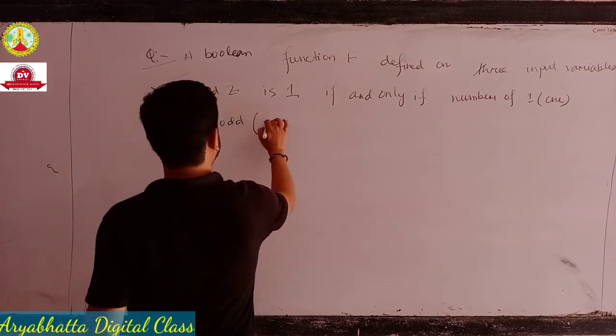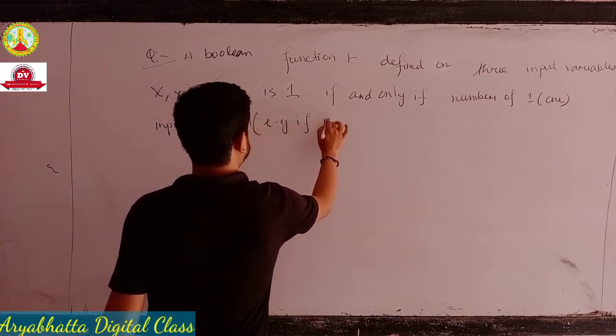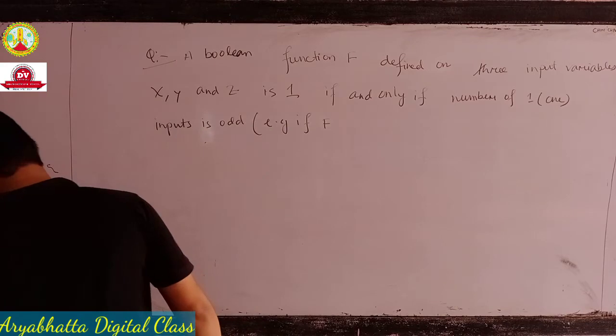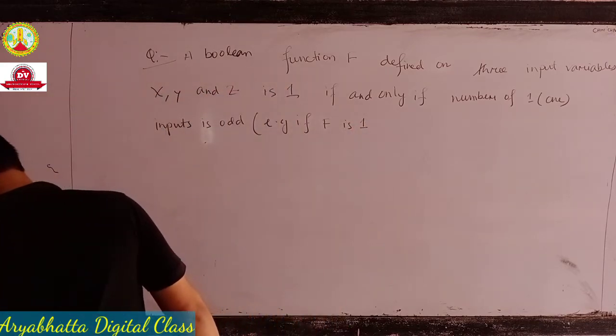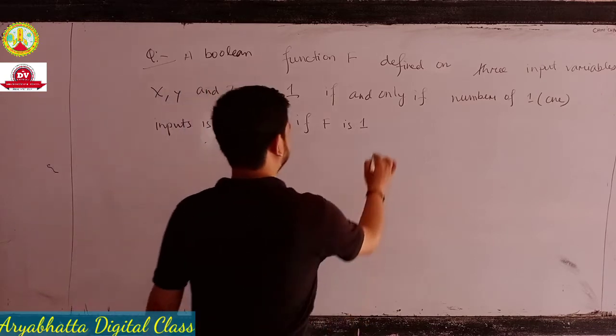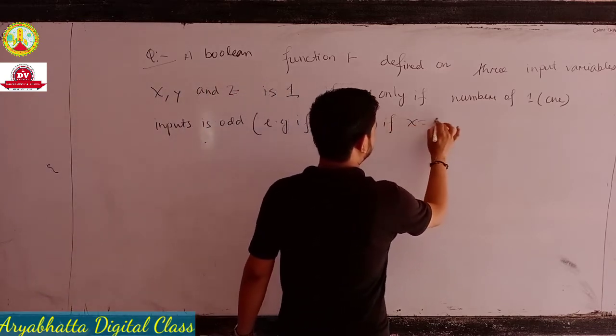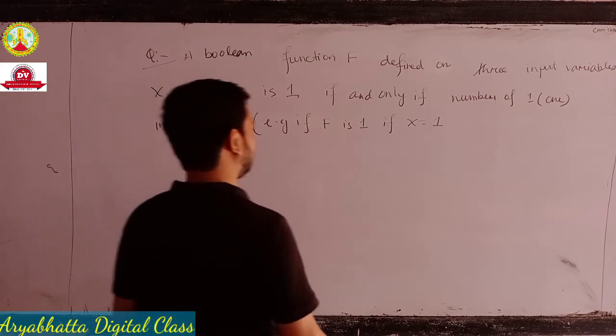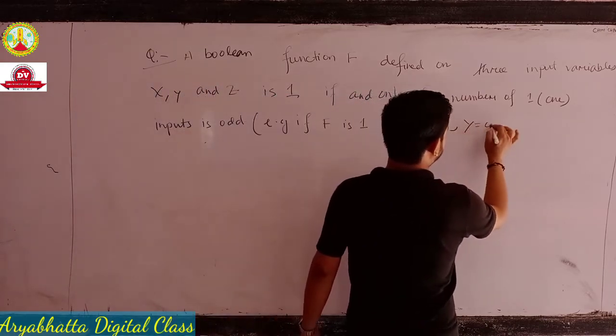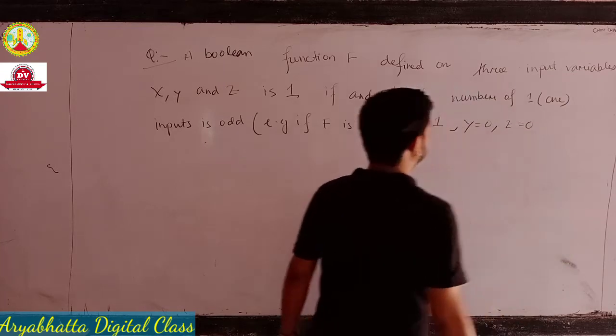For example, f is 1 if x is 1, y is equal to 0, z is equal to 0.